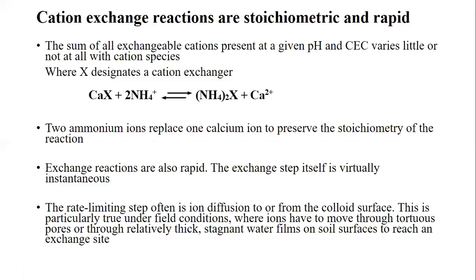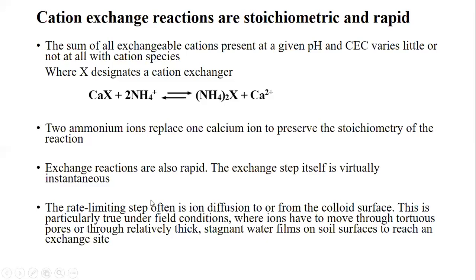You know how the pores of the soil are very complex and they are not all connected one to the other like a channel. So they are very intricate, tortuous pore paths. And the ion has to go through all that. It has to go through all these difficult paths and also through the relatively thick, stagnant water films on soil surfaces to reach an exchange site.